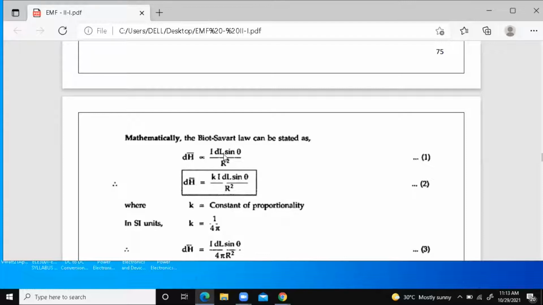Yeah, so to get rid of the direct proportionality and replace it by an equal sign, we introduce a constant K. So K is your constant of proportionality.